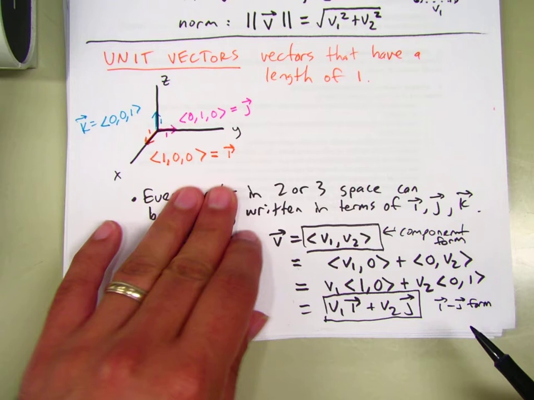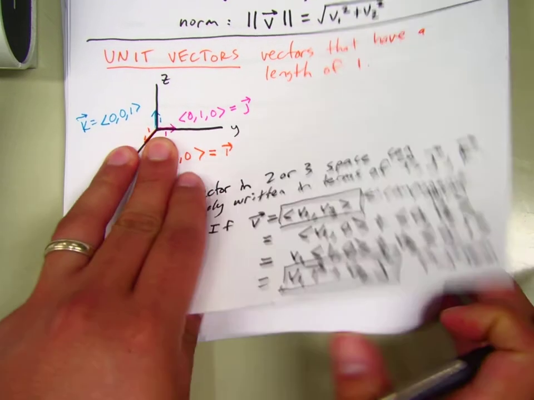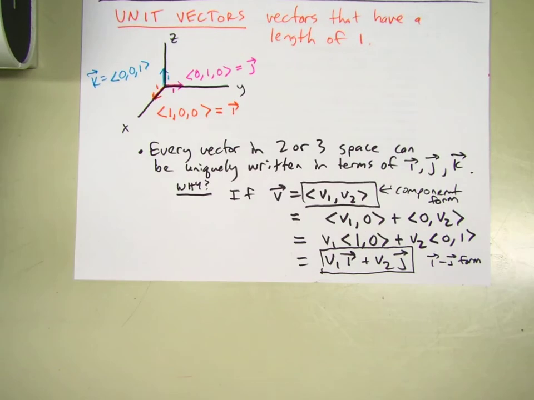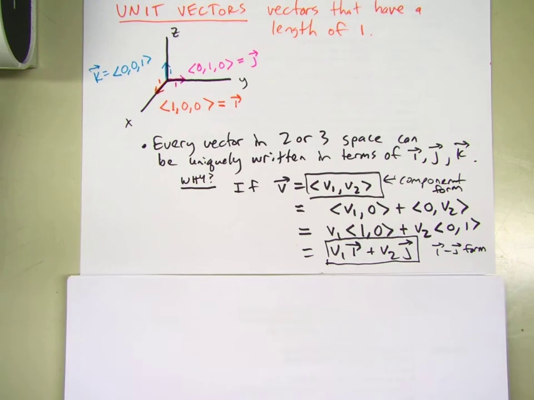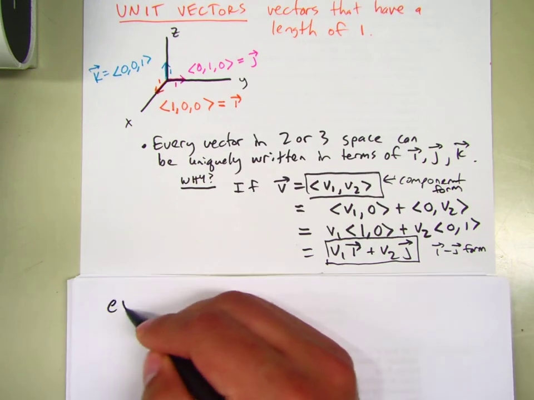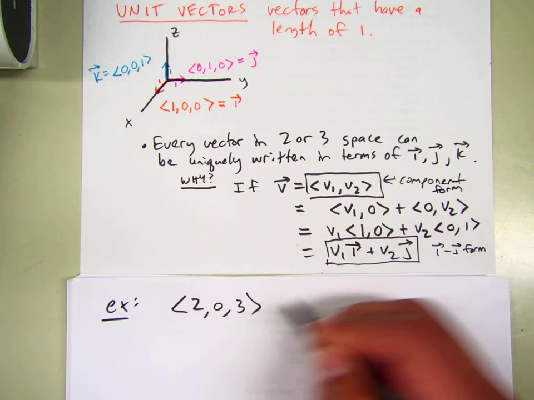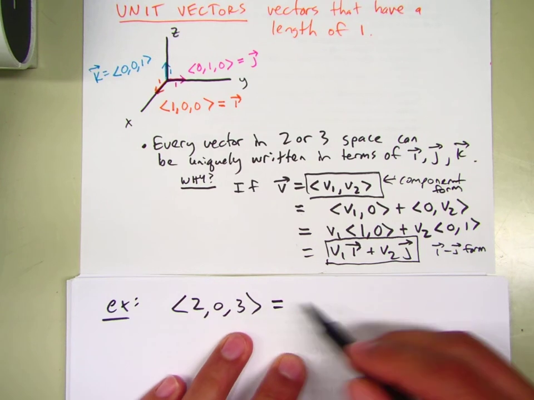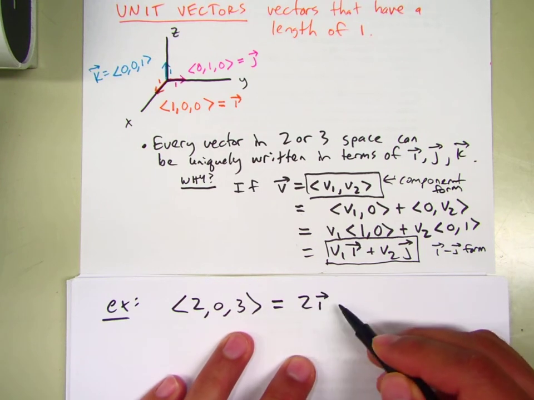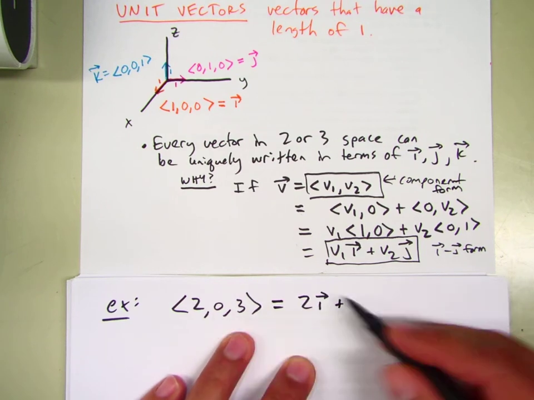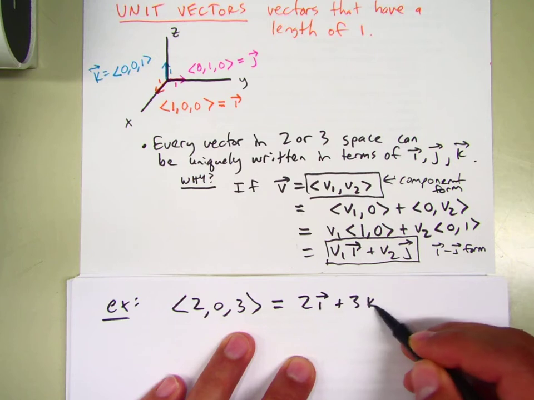So, for example, if we have the vector 2, 0, 3, that's the same as 2i plus 0j, so I'm not going to write that, plus 3k.